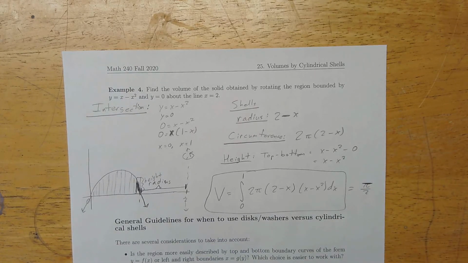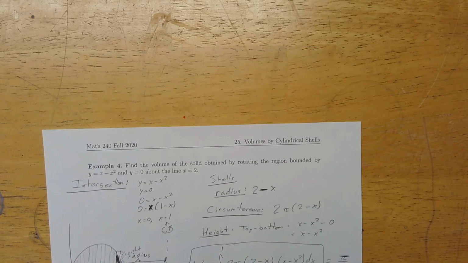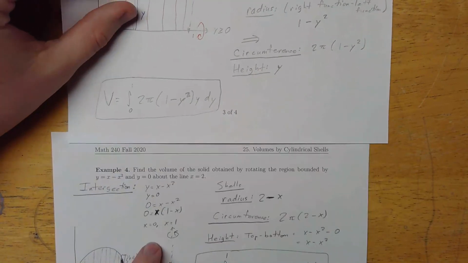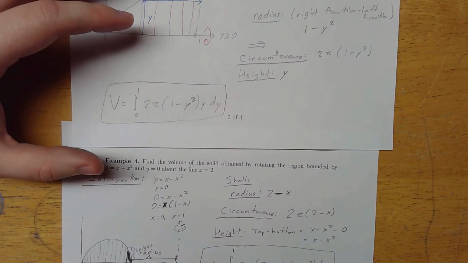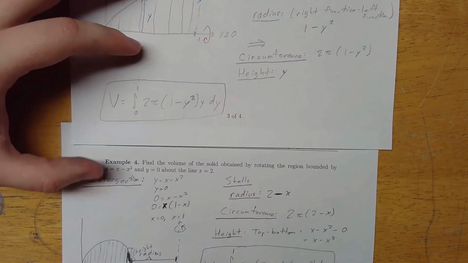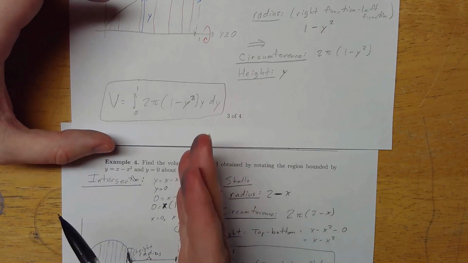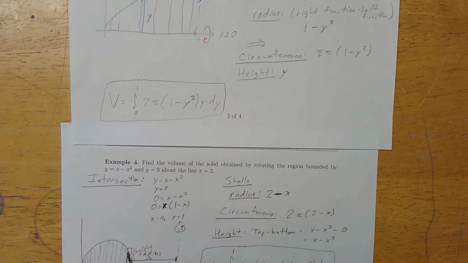So I want to actually go back to the previous example and make sure we're understanding why we are getting what we're getting. So here, for this example, when we wanted to find our radius, it was from the line we were integrating to where we ended up.